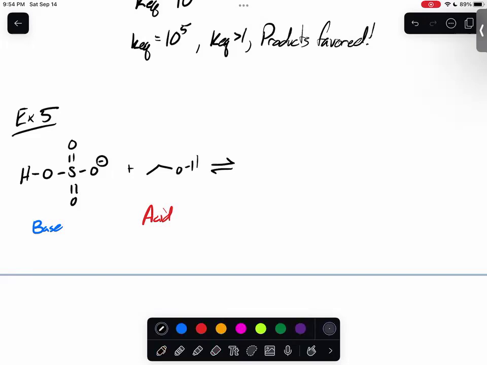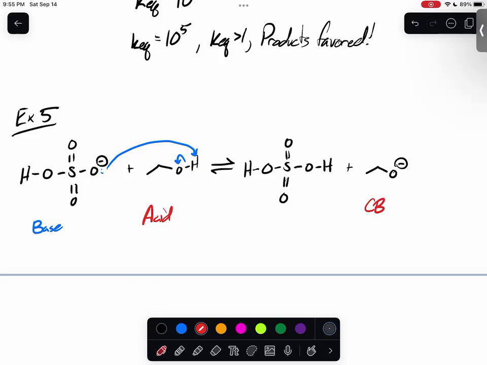So our base can come over, grab that proton, toss the electrons back to the oxygen. We end up with this here alongside the negatively charged oxygen here. So this is our conjugate base, and here is our conjugate acid.